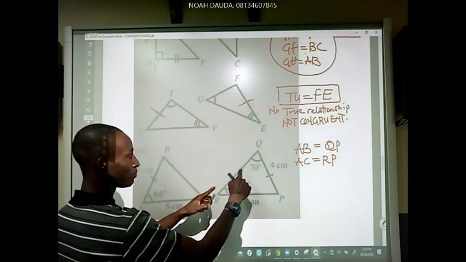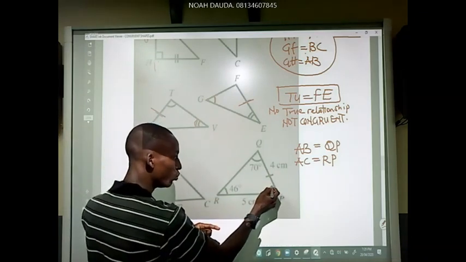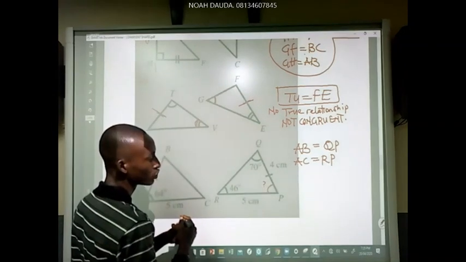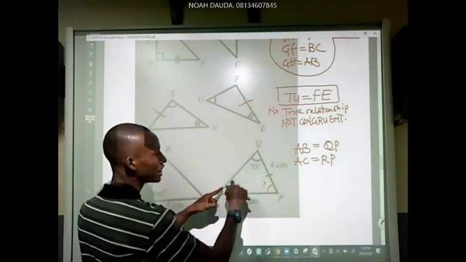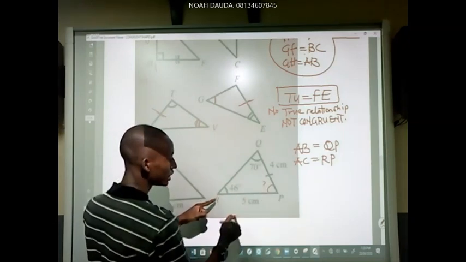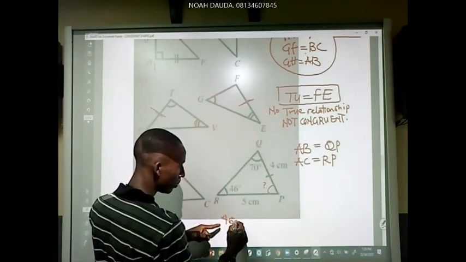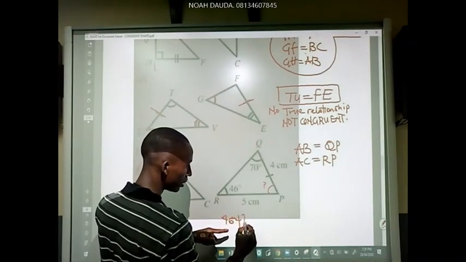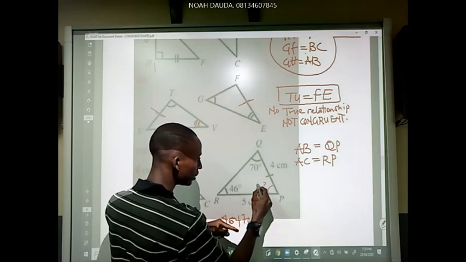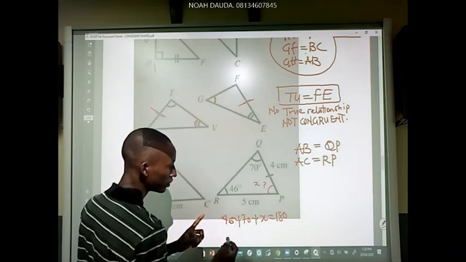But when you look at this particular triangle, we do not have angle 64. We really do not know what is meant to be here. But do not forget that the sum of angles in a triangle is equal to 180 degrees. So you can easily write this as 46 plus 70 plus, let's call this x, is equal to 180 degrees.